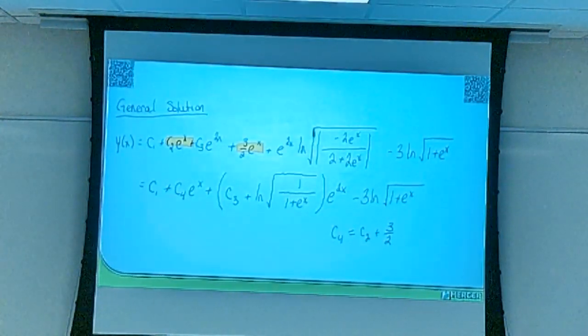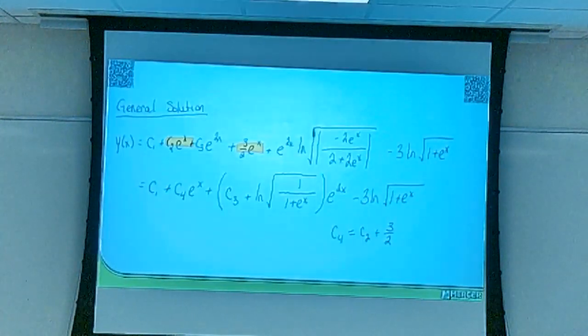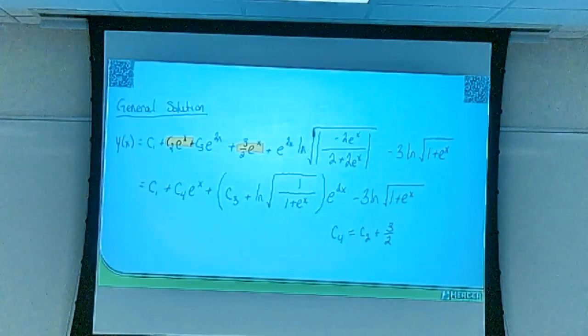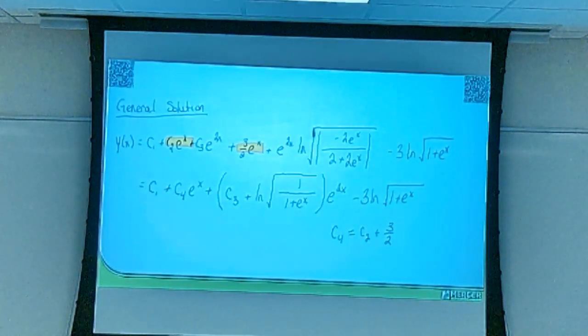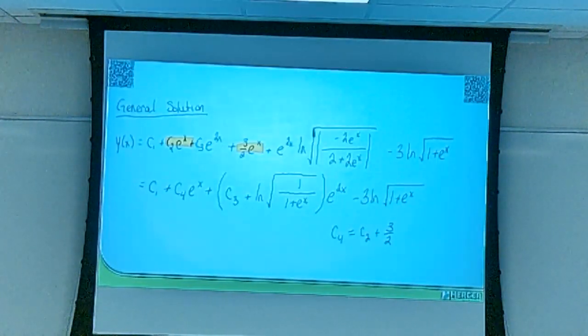And that is a very common tactic in mathematics, where you just combine a bunch of constants and define a new constant. These particular solutions look a lot worse than the undetermined coefficients, right? And generally speaking, that's what's going to happen.